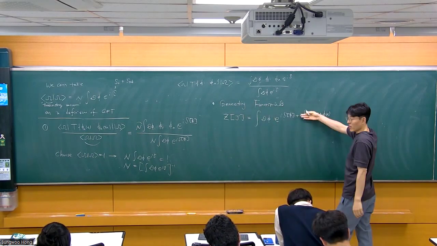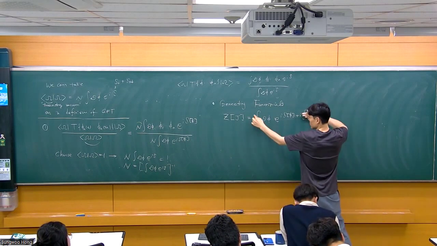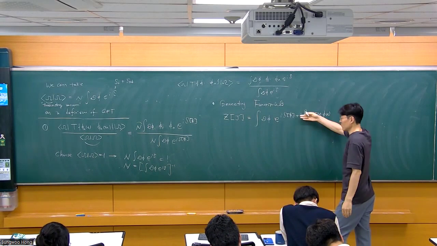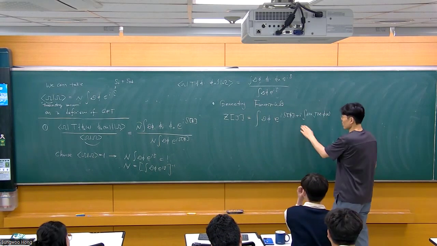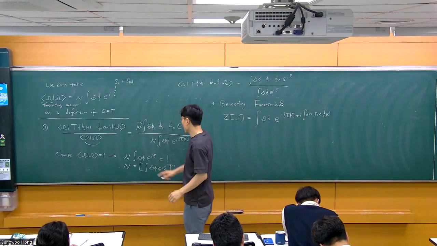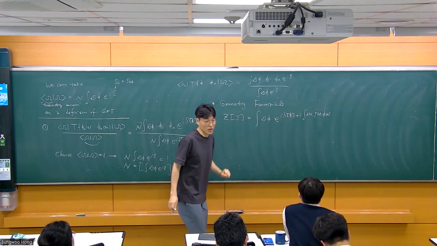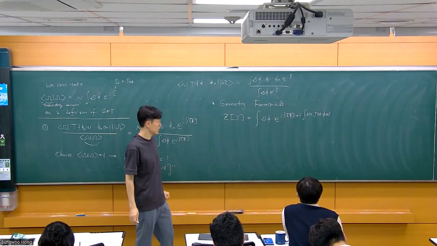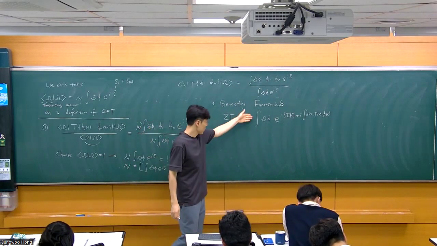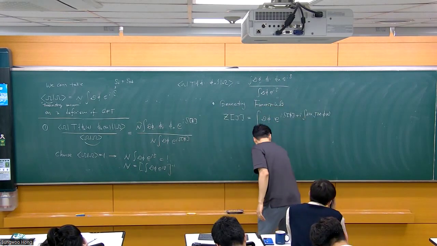That was a vacuum to vacuum transition, so that times some N was a vacuum to vacuum. First of all, I picked N to be 1 because at the end of the day, they cancel out. So it looks like it is this object that matters in the computation of a time-ordered correlation function.